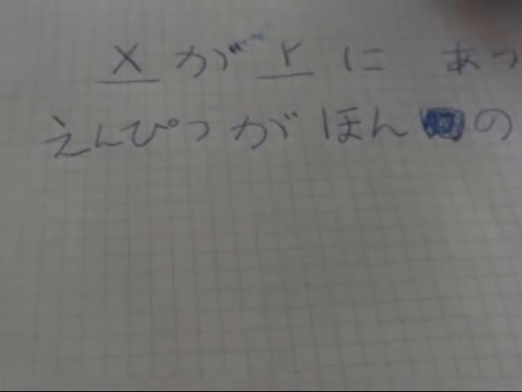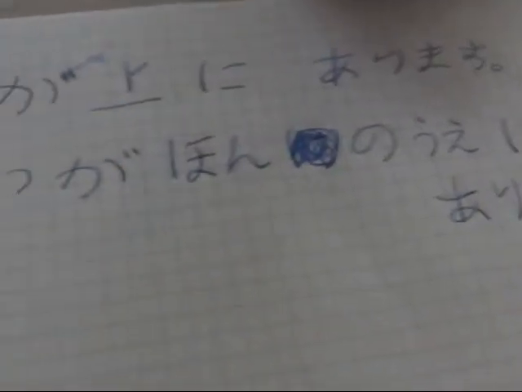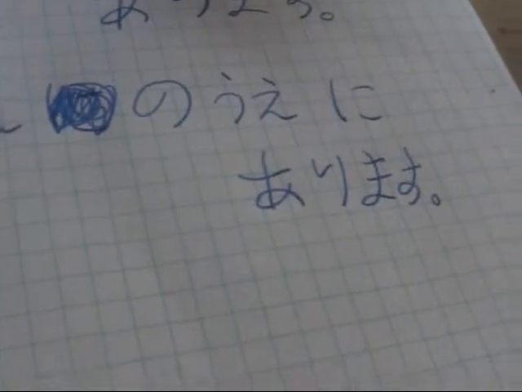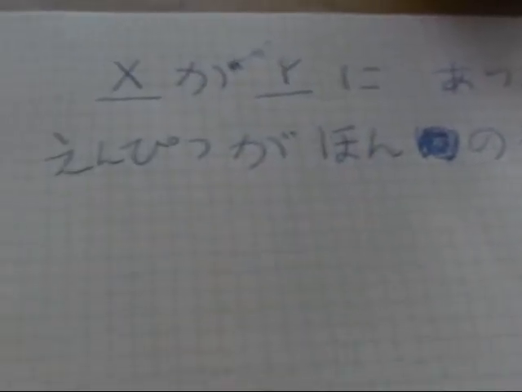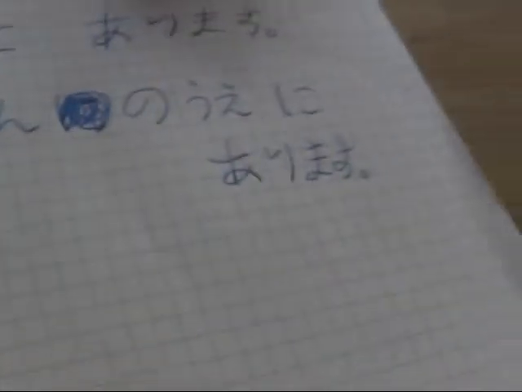So this sentence right here is basically saying there is a pencil on top of the book. Enpitsu ga hon no ue ni arimasu. There is a pencil on the book.